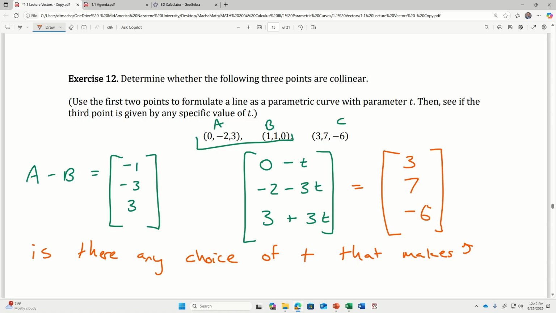We also have one more we have to check. 3 plus 3 times negative 3. 3 plus negative 9? Is that negative 6? Yes. Okay, cool. So if I choose t equals negative 3, then that gives me a point on my line that corresponds with the third point, which means those 3 points are collinear. They belong to the same line.